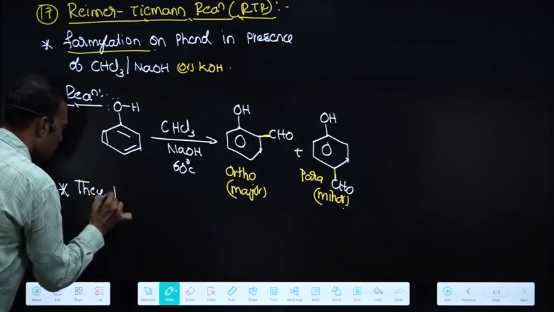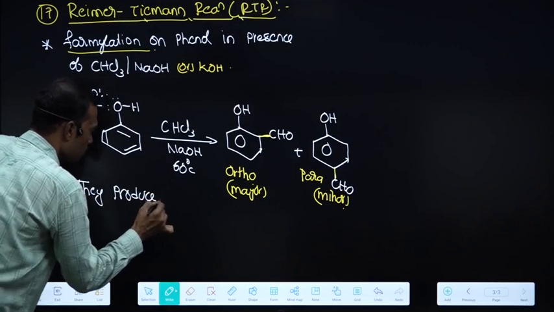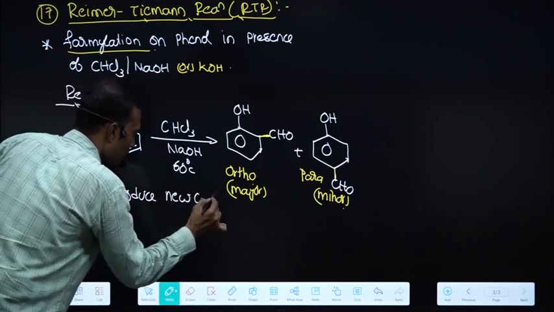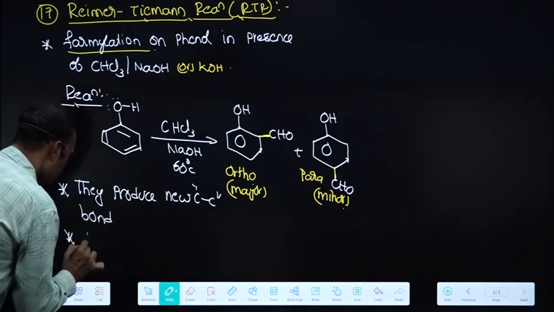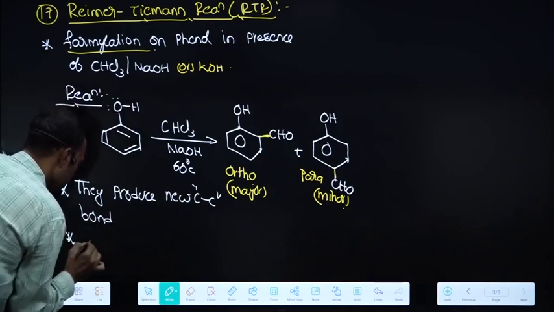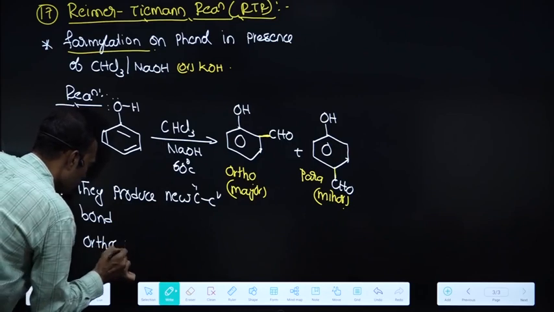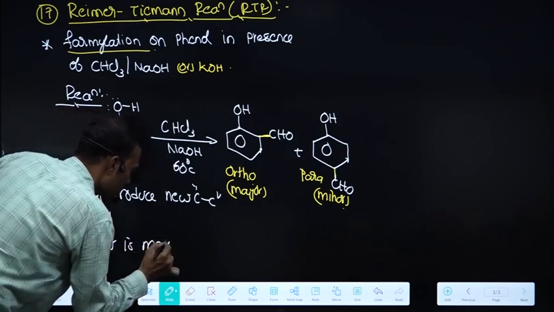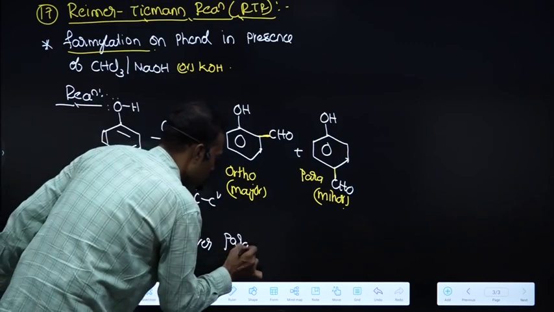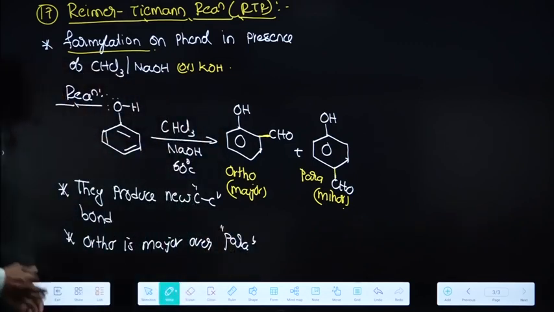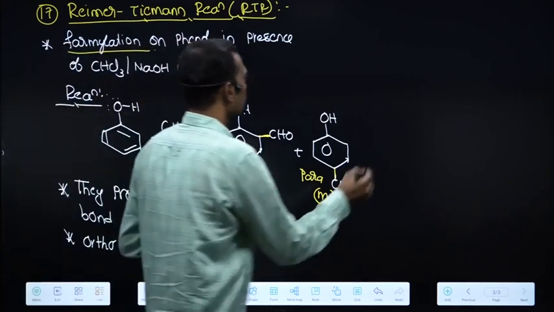Especially this reaction produces a new C-C bond. And always remember, ortho is major over para isomer.